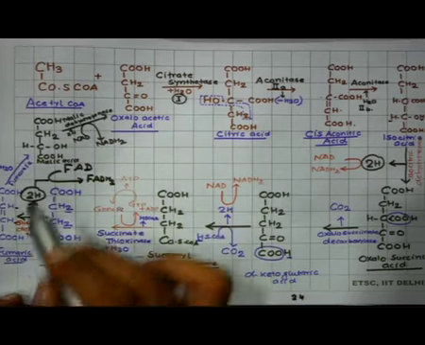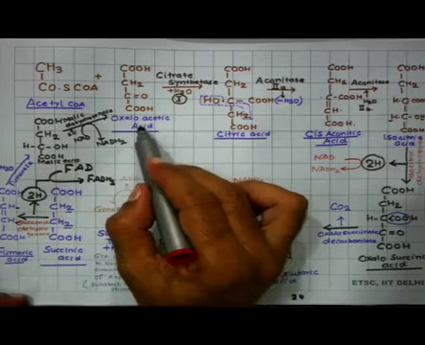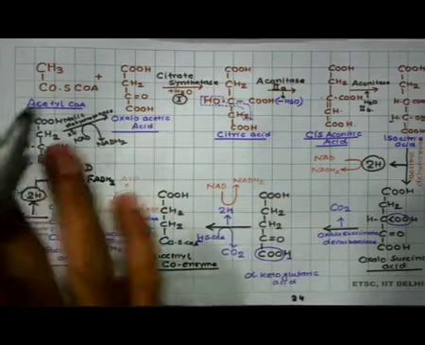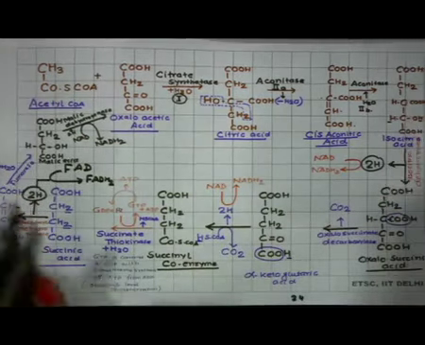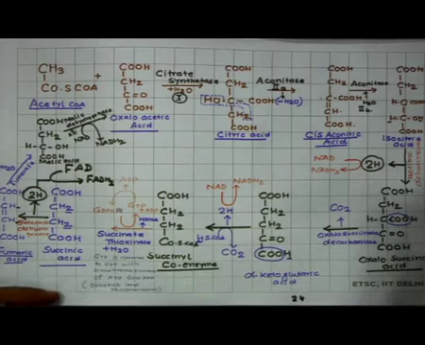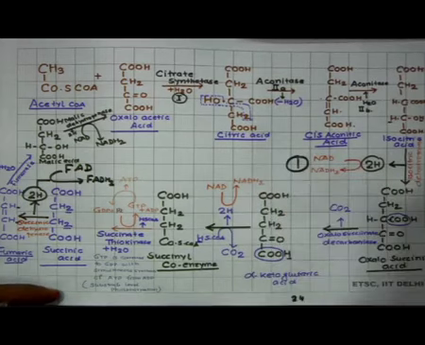Fumaric acid is converted into malic acid and malic acid is converted into oxaloacetic acid. So, in the entire Krebs cycle, when we have a look, there is the formation of NADH2 here. First NADH2 is formed from the isocitric acid to oxalosuccinic acid.